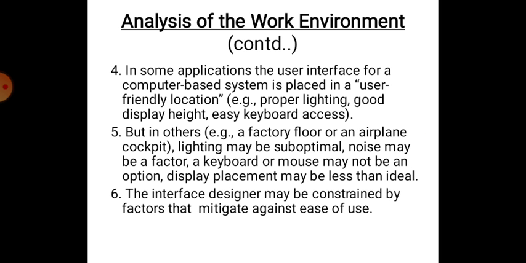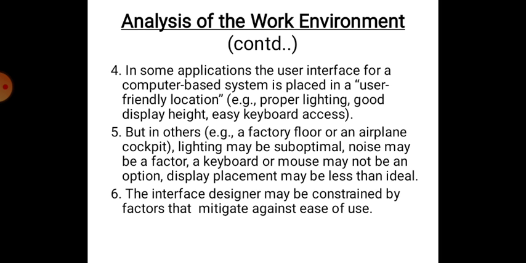Point number 5. But in others, for example a factory floor or an aeroplane cockpit, lighting may be suboptimal, noise may be a factor, a keyboard or mouse may not be an option, display placement may be less than ideal.